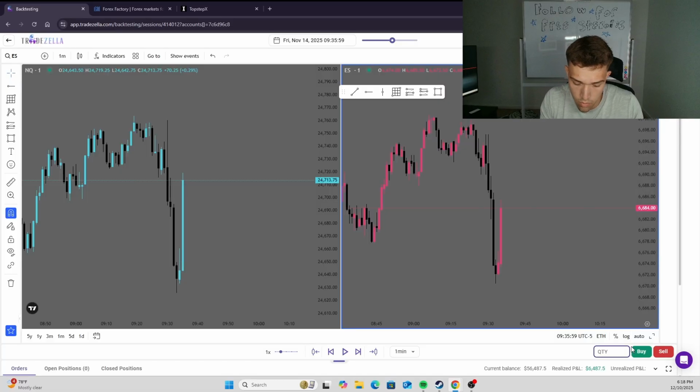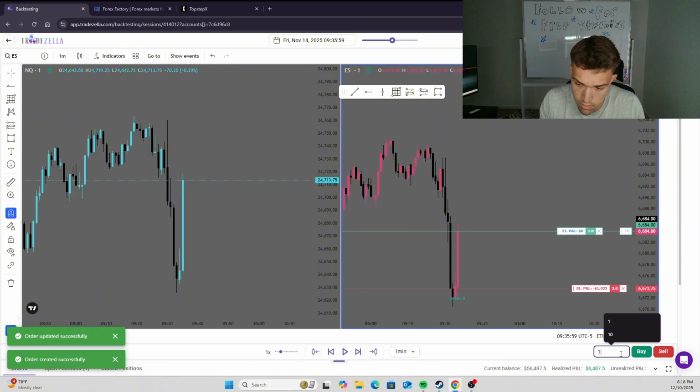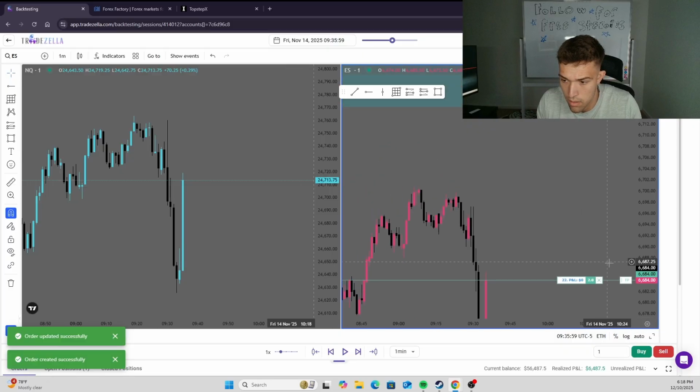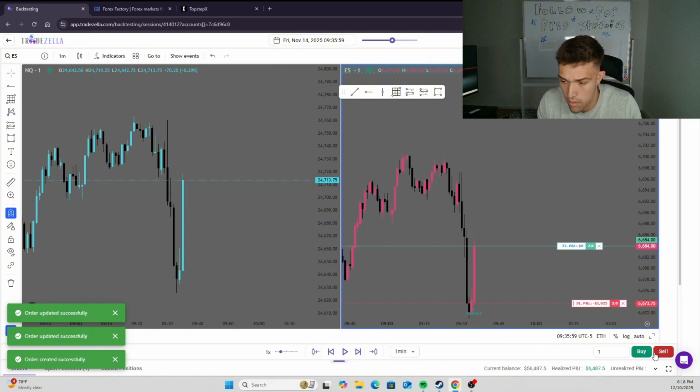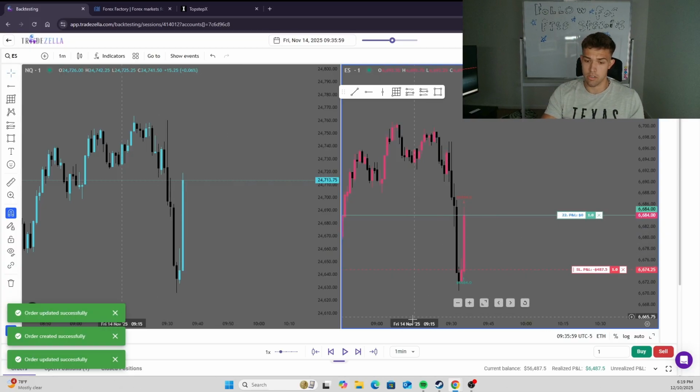So if this is with a 50K account, let's see, we buy on ES, stops at the low. Actually, hold on. My target is this hourly fair value gap. Let me actually crank that down a little bit. Okay, so boom, we're in this trade.